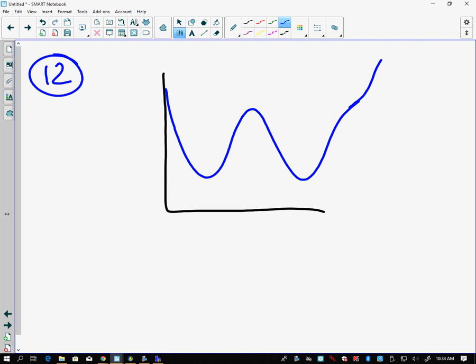Is it discrete? Is it a function or a relation? What is its domain and range? So first, is this continuous or discontinuous? Continuous. There are no breaks in it, correct? So it's continuous.